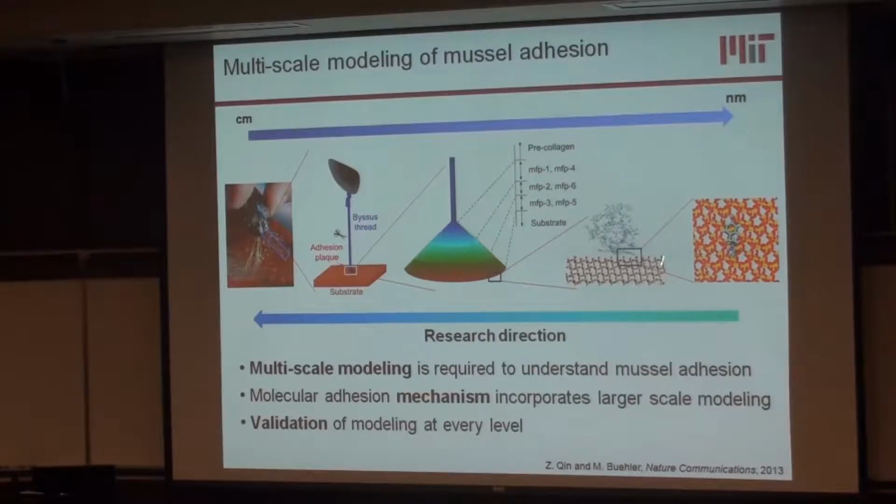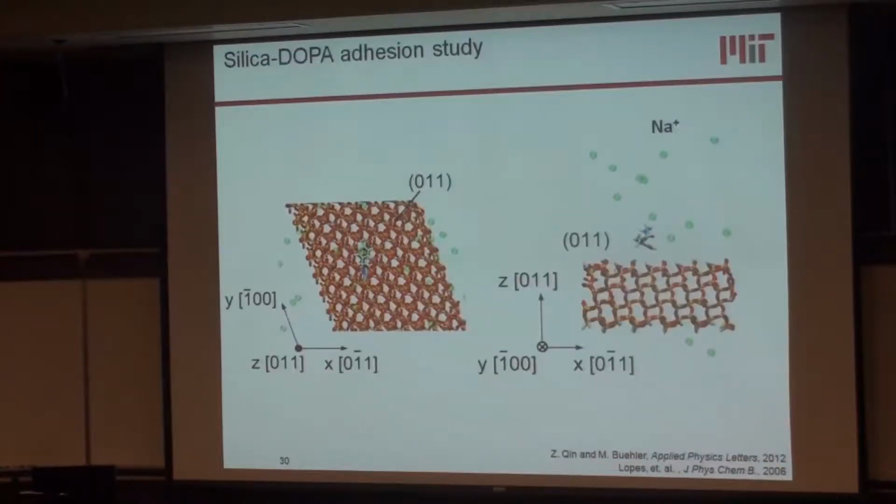This DOPA structure originally comes from tyrosine, and under certain chemical environments it becomes dopamine-like for adhesion. So we start by looking at how DOPA attaches to the silica surface.